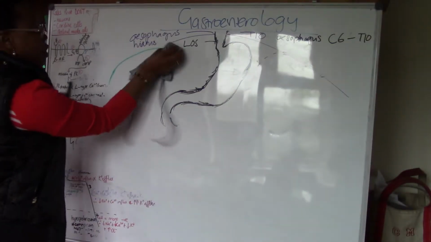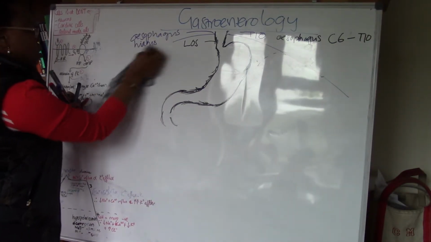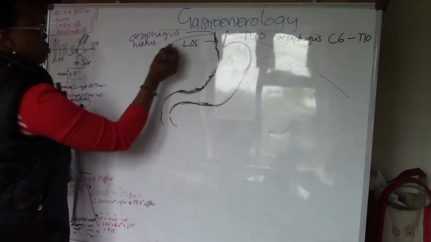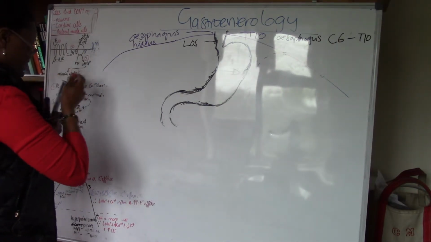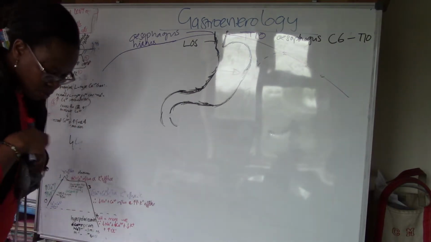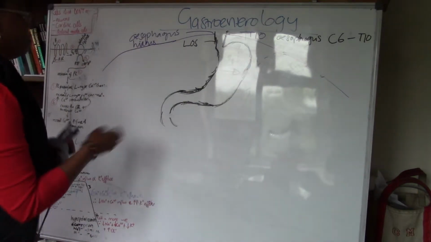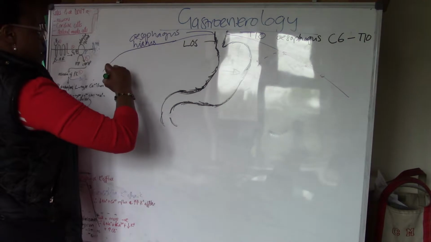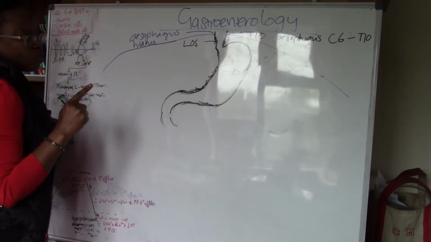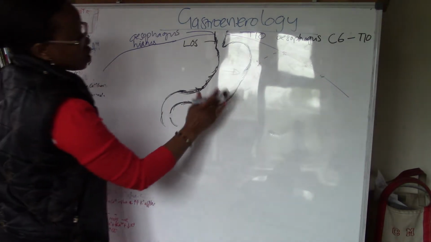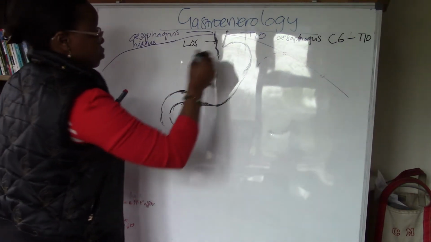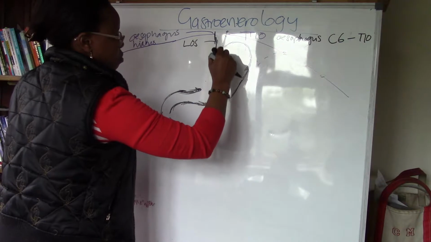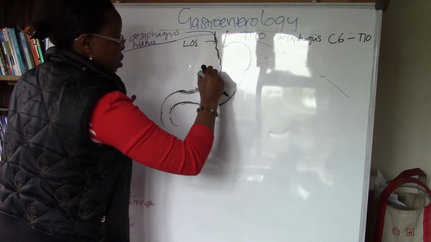So the liver really is the second largest organ in the body, following after the skin. So it's quite incredibly big.